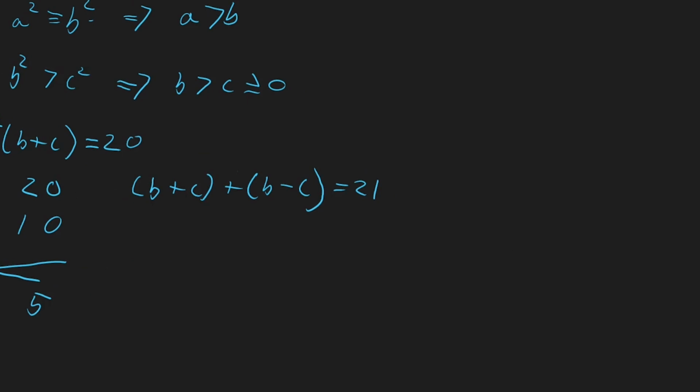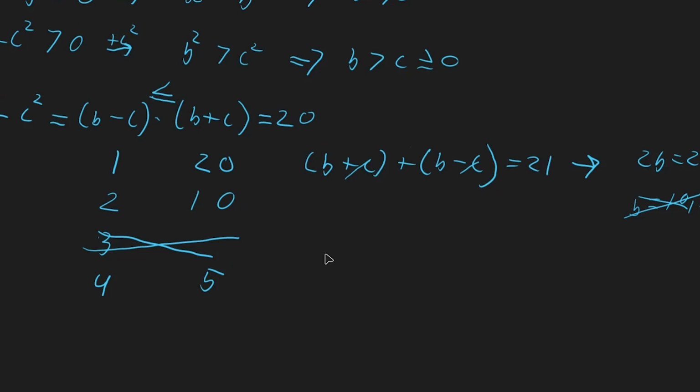And I will see that c cancels out with c, so this gives us 2b equals 21. So b equals 10.5, which is not an integer. So this is not a solution either. We cannot use this. Let's try with the next one.